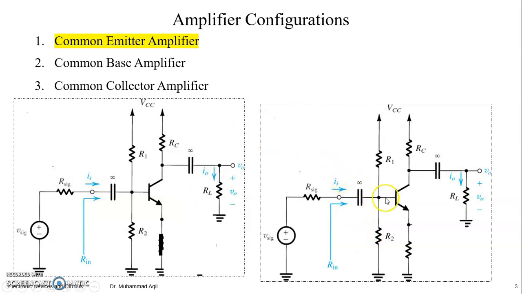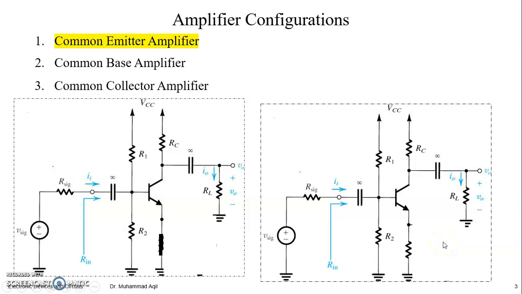We could also have a common emitter amplifier with a discrete emitter resistance, called a common emitter amplifier with emitter resistance, which we solved using the T model. This time we are going to solve this again, obviously only the AC part because the DC part would be the same. So we are solving the AC part of this amplifier with the pi model.